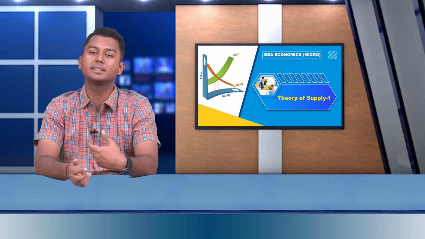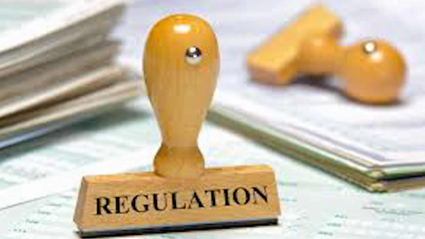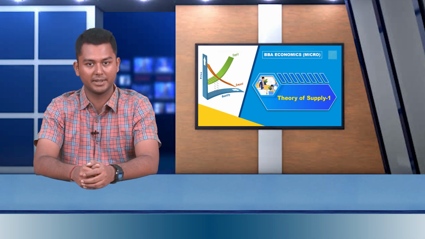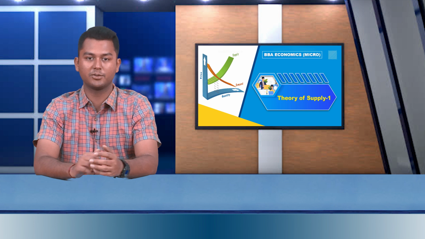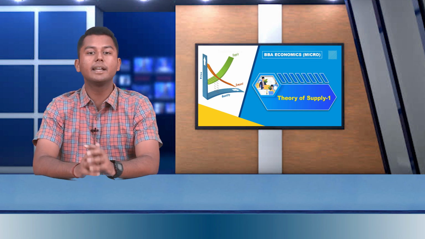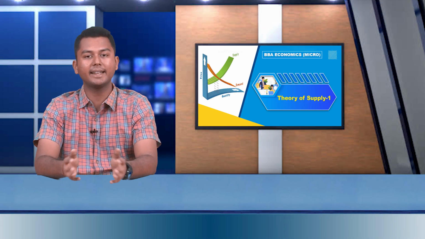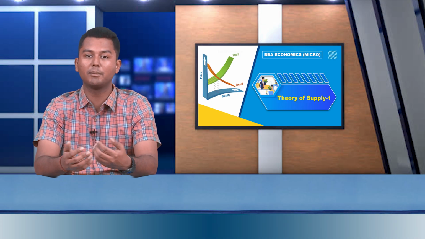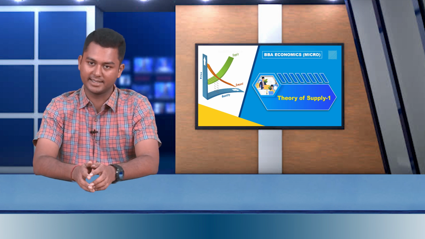Government policies significantly influence supply through taxes, subsidies, regulations and licensing requirements. Higher taxes on production increase costs and reduce supply, while subsidies have the opposite effect. Environmental regulations, safety standards and quality requirements can increase production costs but might also improve product quality and consumer acceptance.